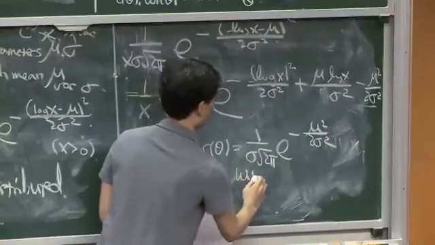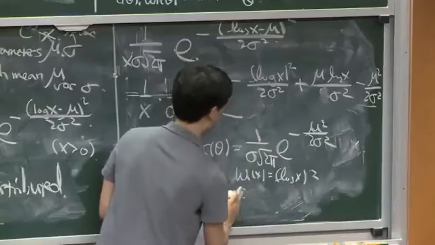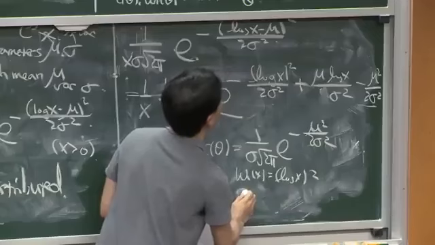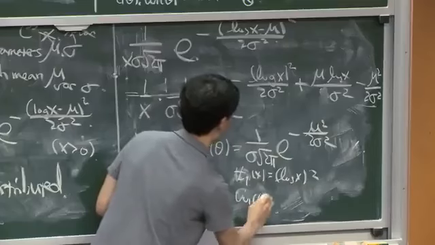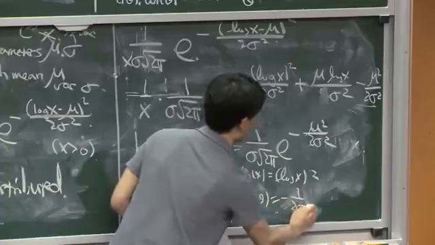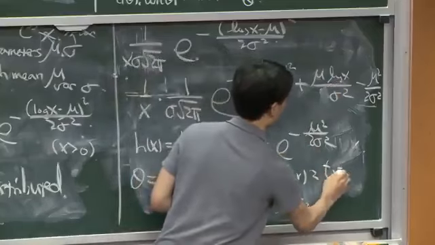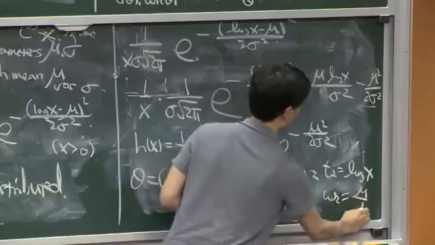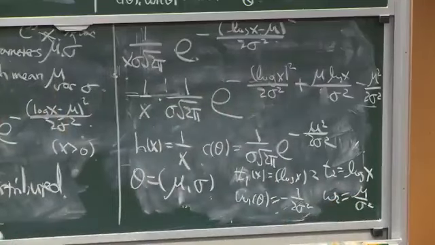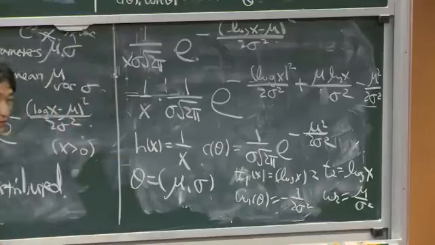You can let T1 of x be log x squared, W1 of theta be minus 1 over 2 sigma squared. And similarly, you can let T2 equal log x and W2 equal mu over sigma squared. It's just some technicality, but at least you can see that it really fits in.